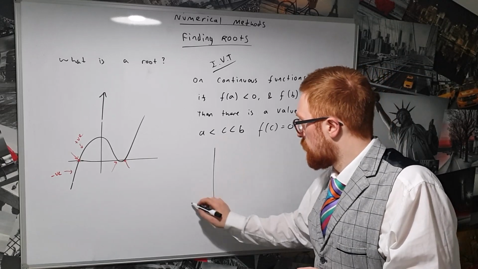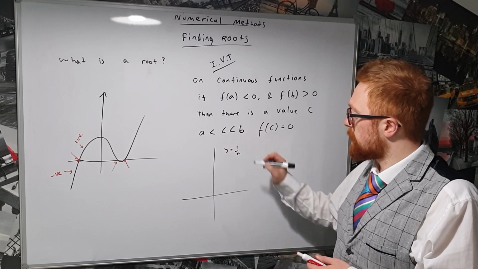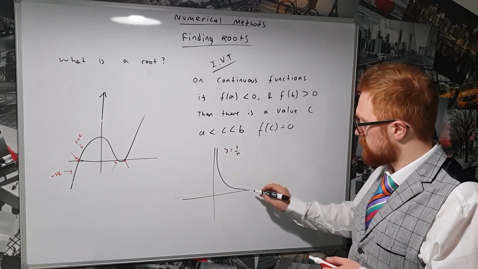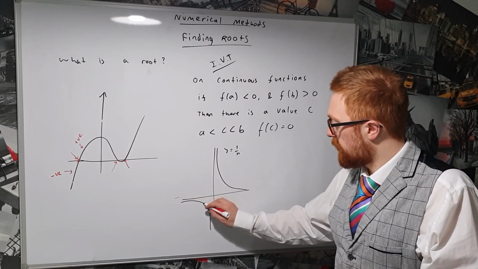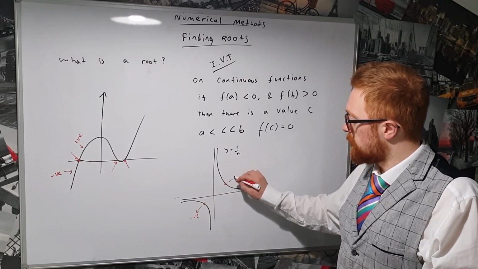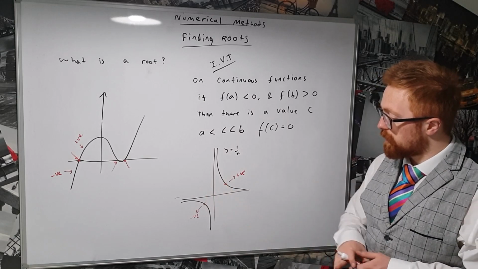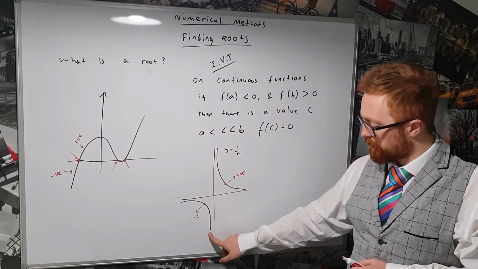We do need to specify continuous, and I'll just show you one point where this breaks down. If we look at the line y equals 1 over x, for example, we get this situation. The curve here is negative, the curve here is positive, but there isn't actually a root in between those points because the line jumps down here to up here.